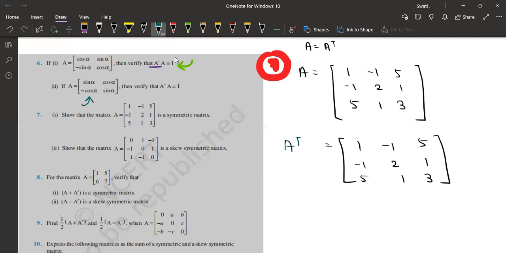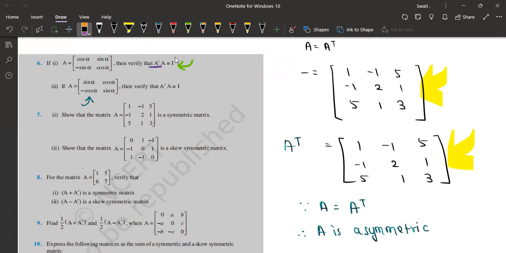Now, can you not see that the matrix A is exactly the same as matrix B? There is no difference in the entries. So it is exactly the same. Therefore, you can write down, since A equals A transpose, therefore A is a symmetric matrix. It's as simple as that. It was very, very simple. All right, so we are done with question number 7.